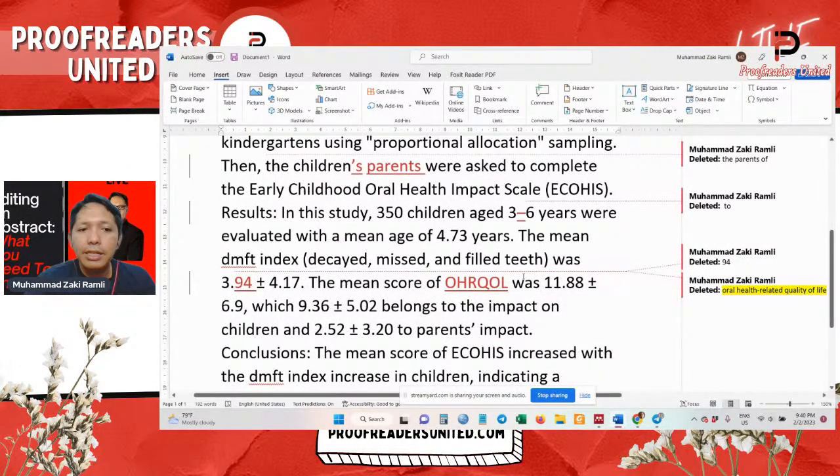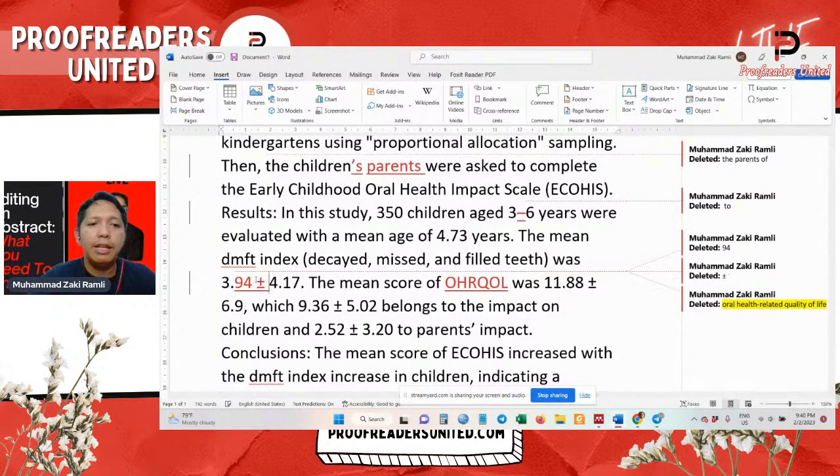Now we can see that earlier 3.94 appeared here, but now it appears in the same line with the standard deviation 4.17. It's best also to replace this space with a non-breaking space as well. Again, on our keyboard, after we have highlighted the space, we replace this breaking space with a non-breaking space. So it will be like this.